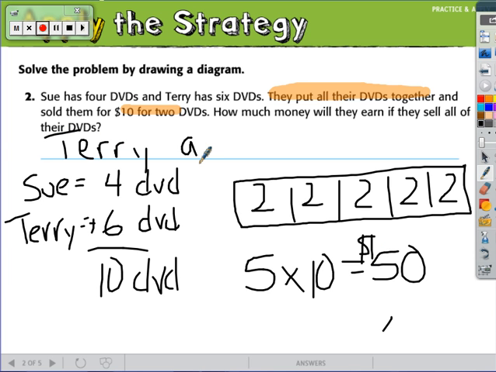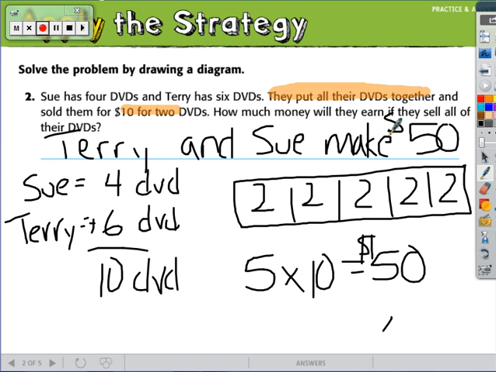So nice. Terry and Sue make $50. We have to check it. $50 divided by 5 equals 10, which is how many DVDs we started with.